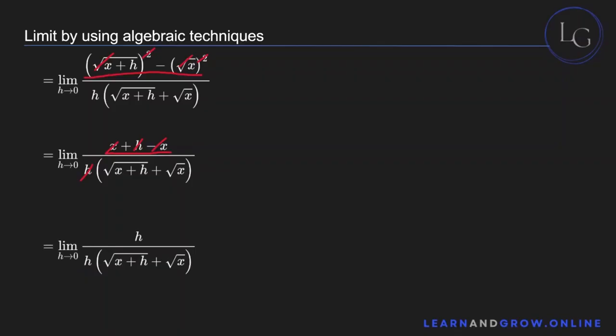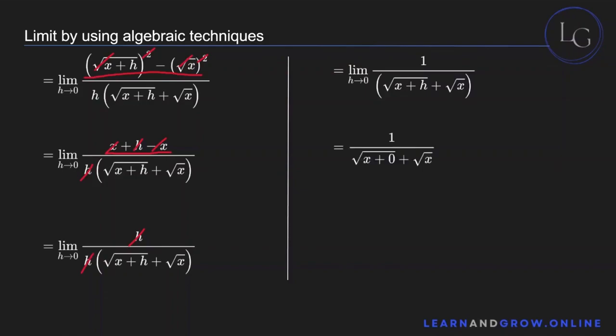So h over h cancel out, and you're left with this. And now when you apply the limit as h approaches 0, you're left with 1 over 2 into under root x, which is not equal to 0 by 0. So you found the true limit of this function by using the algebraic conjugate.